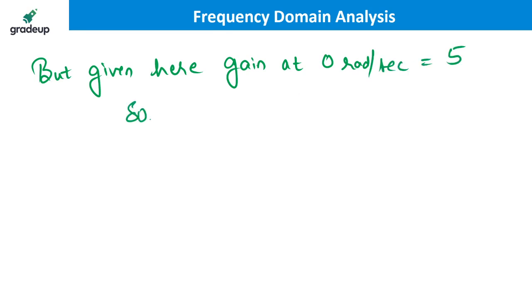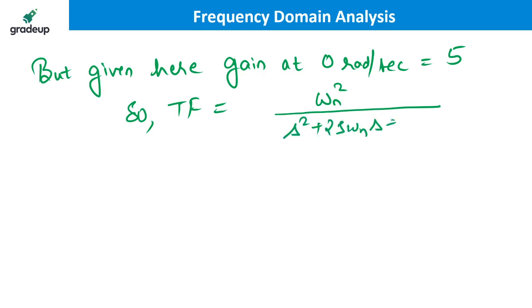So you have to take the transfer function as omega n square upon s square plus 2 zeta omega n s plus omega n square, multiplied by a constant factor of 5, so that the gain at 0 radian per second is equal to 5.